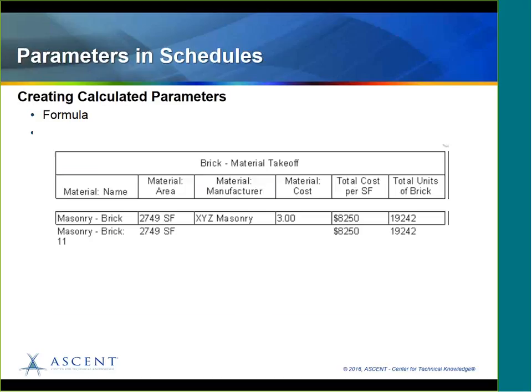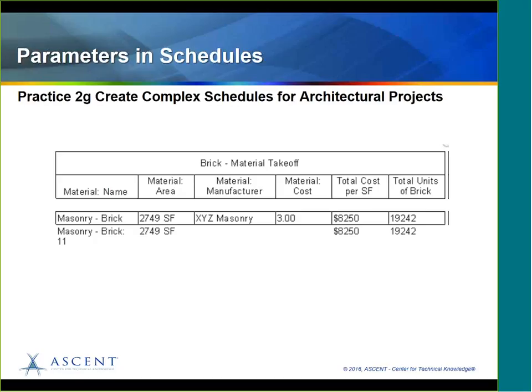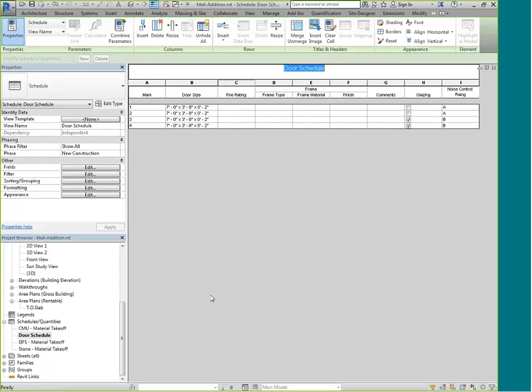And in this particular practice, I want to show you the formulas basis because it's more complex. Creating the percentage isn't hard at all. I'm actually, in this case, using one of our practices. I'm going to start the practice. I'm not going to do the full thing. But we're going to create some complex schedules and a material takeoff schedule in Revit.